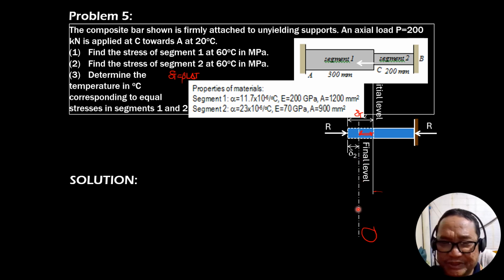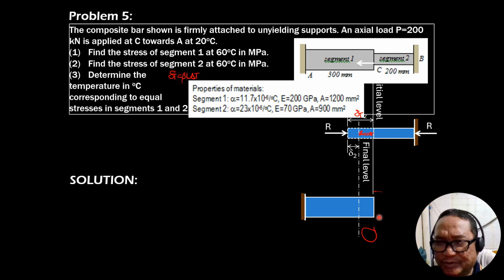Then from this position here to that position, because this is the final supposedly level of segment 1, and because of the compressive effect of this reaction, this is now the final level, and we allow it to expand further first.